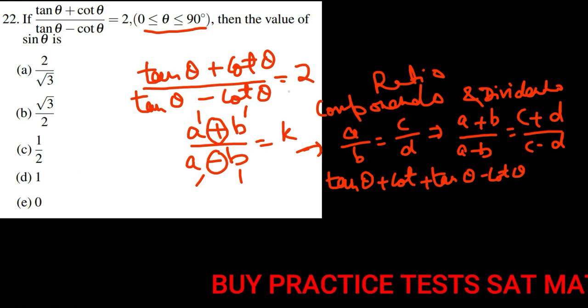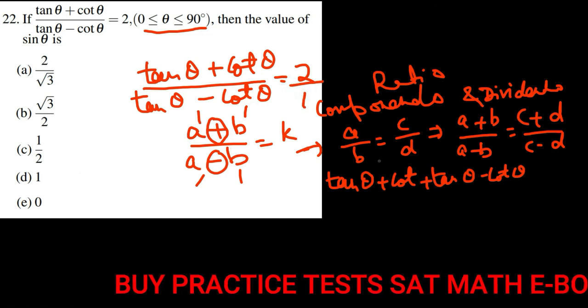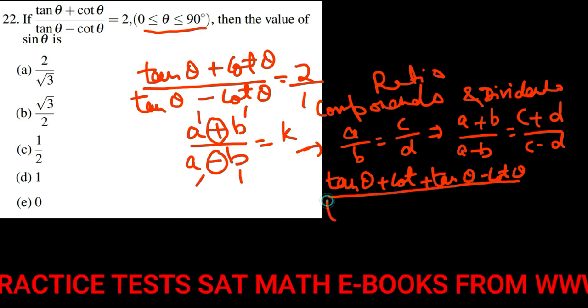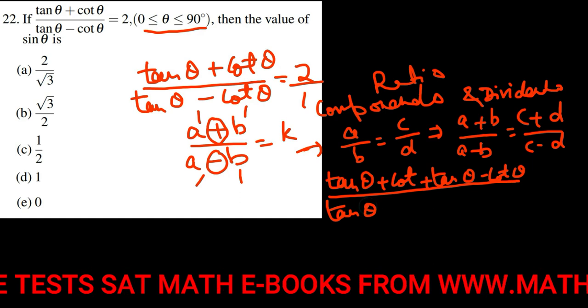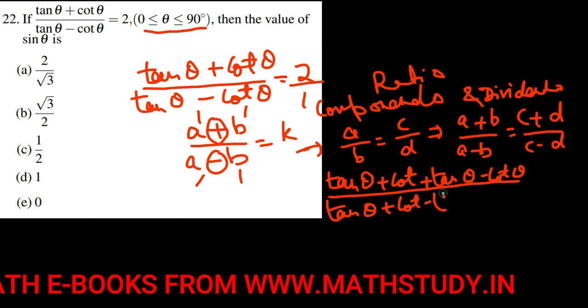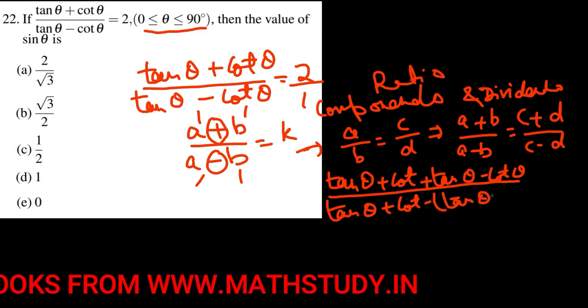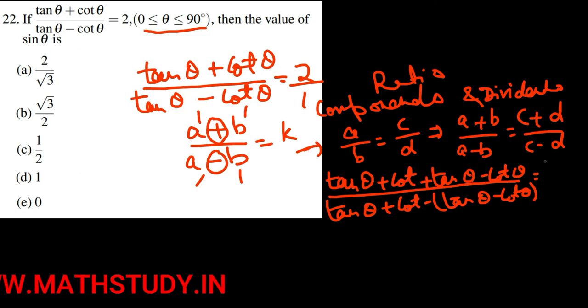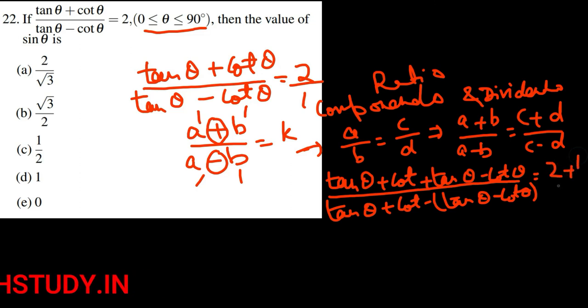We can just write 2 as 2 upon 1. Now a minus b: tan theta plus cot theta minus (tan theta minus cot theta) equals (2 plus 1) upon (2 minus 1), right?